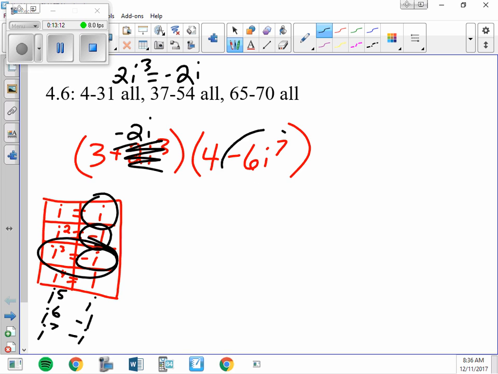So this negative 6i to the 7th is going to turn into negative 6 times negative i, which is really just plus 6i. And then you can use the box and multiply those together. Okay? Is that a little bit confusing?